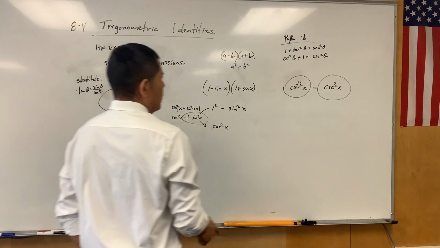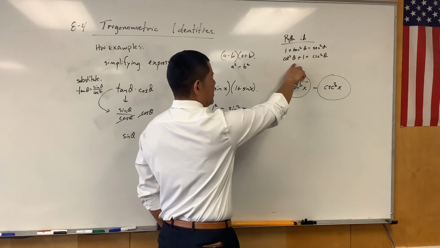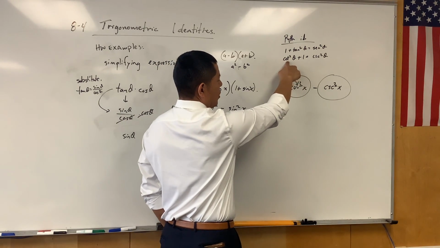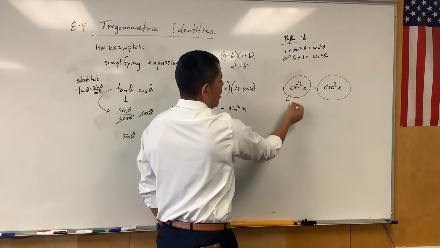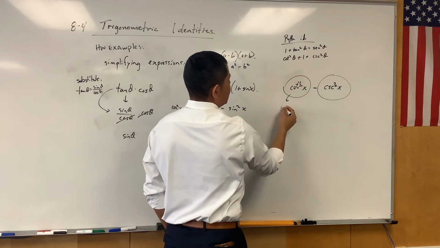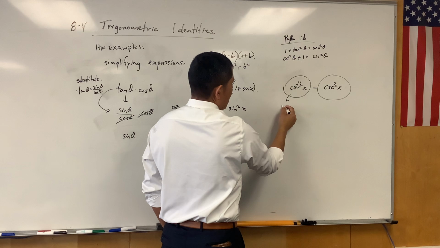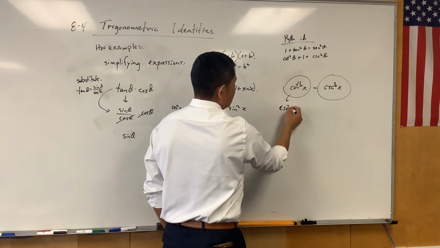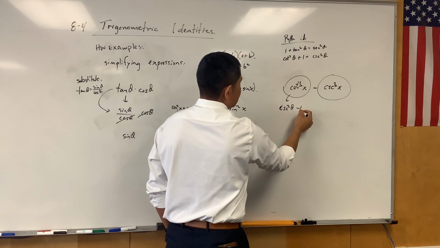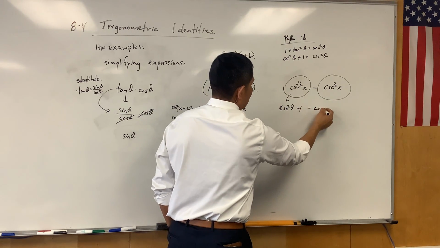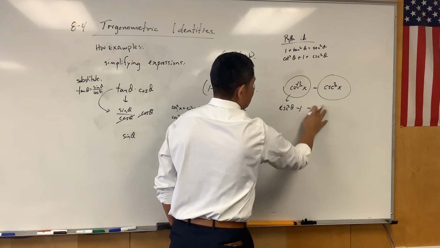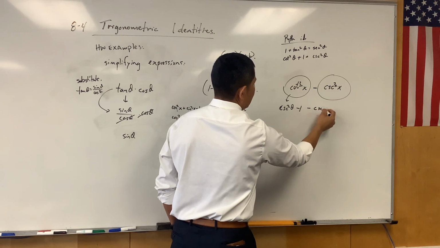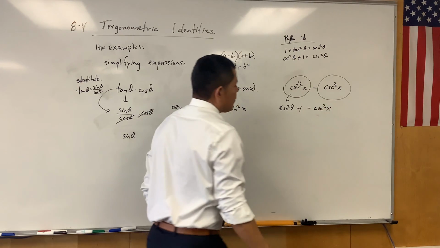So what I'm going to do is, since the cotangent here, I'm going to solve for x, and this becomes 1 over the cosecant squared theta minus 1 minus the cosecant squared theta x.